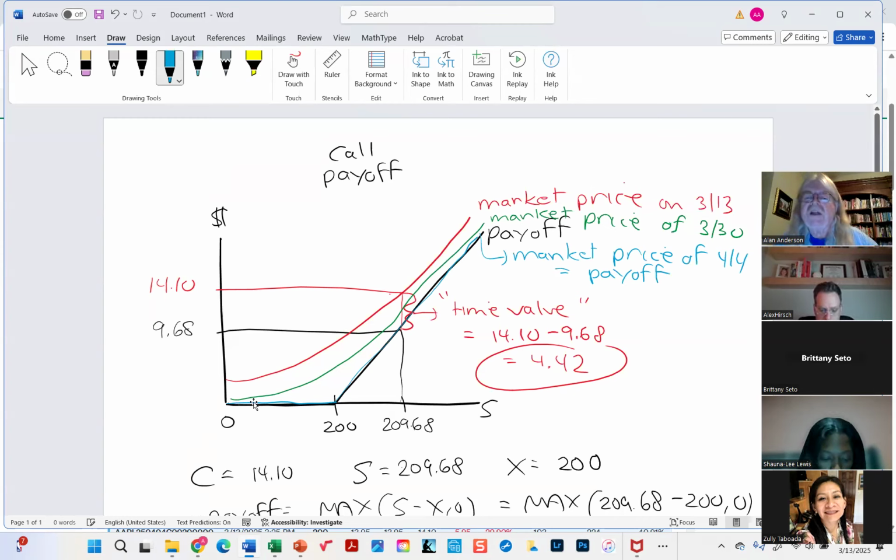So initially, when the option has a long time to maturity, it has a very high time value. As time elapses, that shrinks because the chances of there being a dramatic increase in Apple stock is shrinking as we get closer to the maturity date of the option. And on the final day of trading, the two are exactly the same. The market price will exactly match the payoff. So in this case, if the price never changes, on that day, I would expect to see the option trading for $9.68.